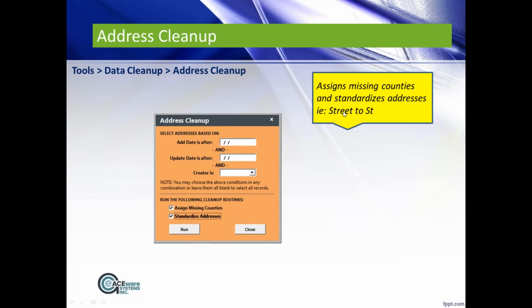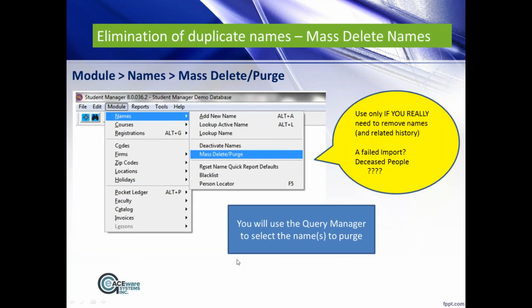And again, the idea of standardizing addresses is to change words like road, R-O-A-D to R-D, street to S-T, P.O. box. It does that kind of cleanup. And so again, it just helps the post office, if you're doing mailings, get a better job of getting your stuff delivered. And that's pretty simple.